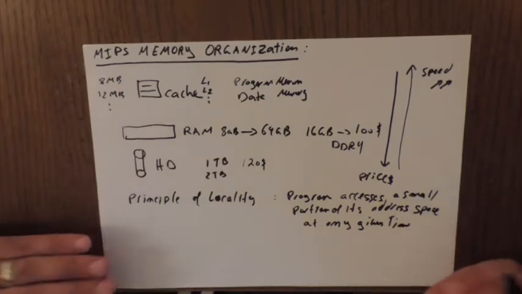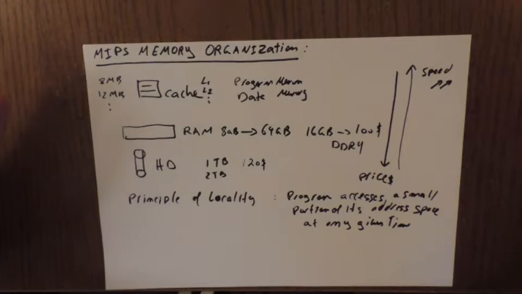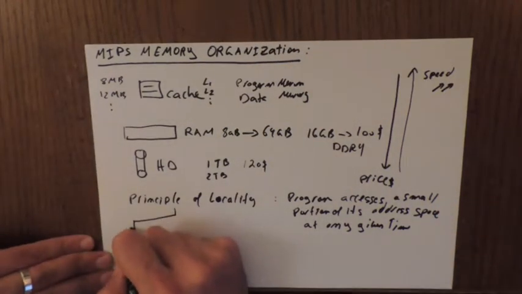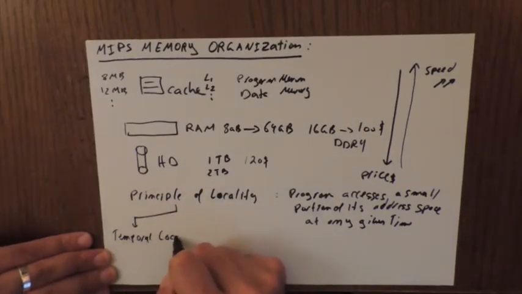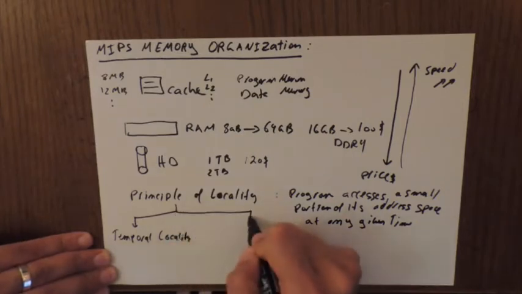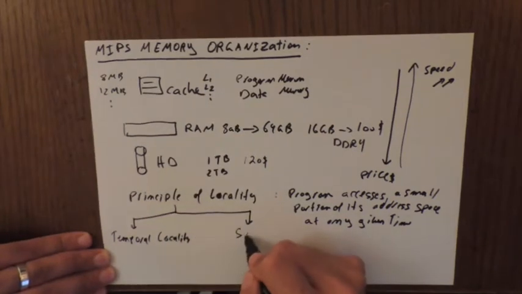If I break the principle of locality into 2 compartments, I can break it like this. We have temporal locality and we have spatial locality.